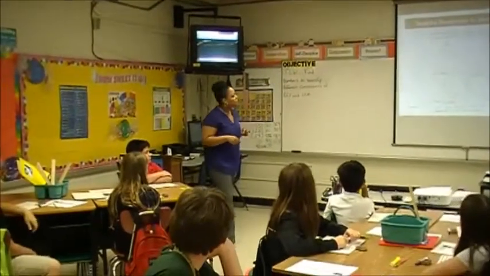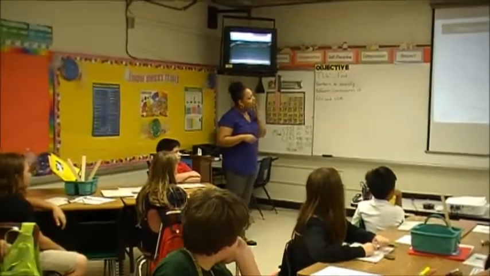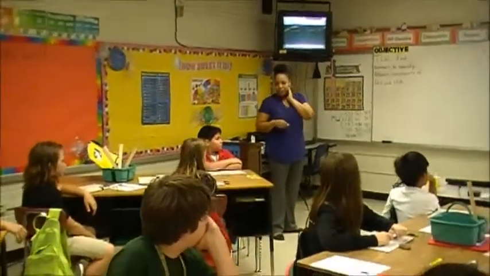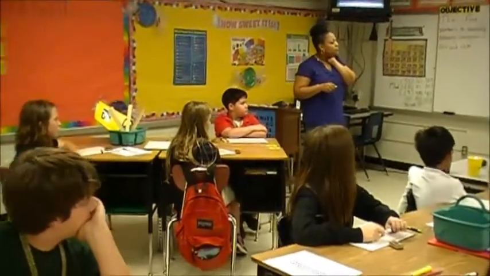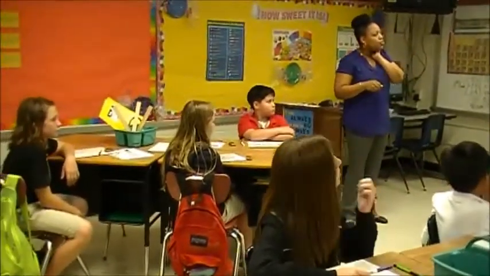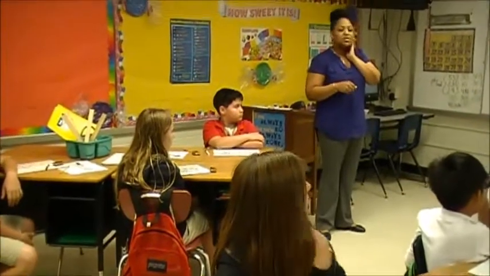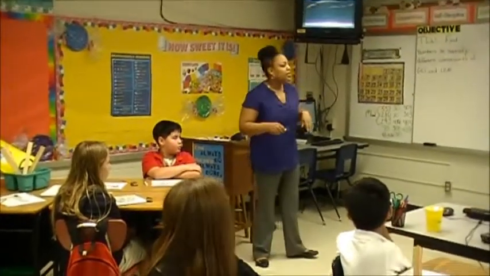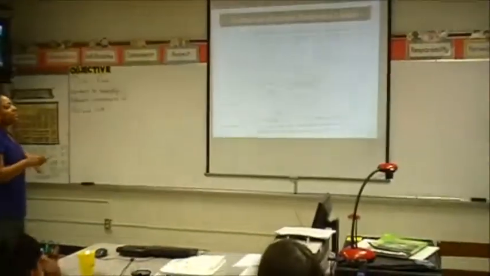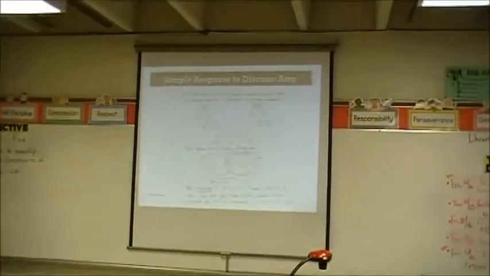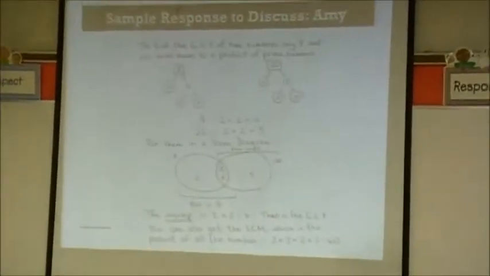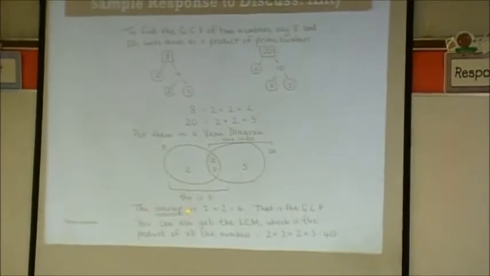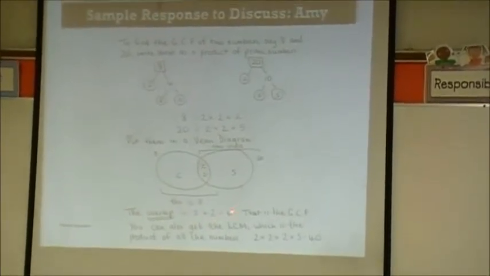Because in the prime factorizations, they both have two 2s. Very good. They both have two 2s. So guess what? What's 2 times 2? 4. So guess what this overlapping section just gave Amy? The greatest common factor. Very good. The overlap is 2 times 2, which is 4.